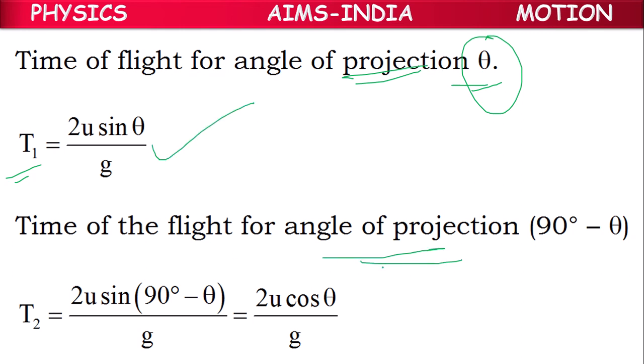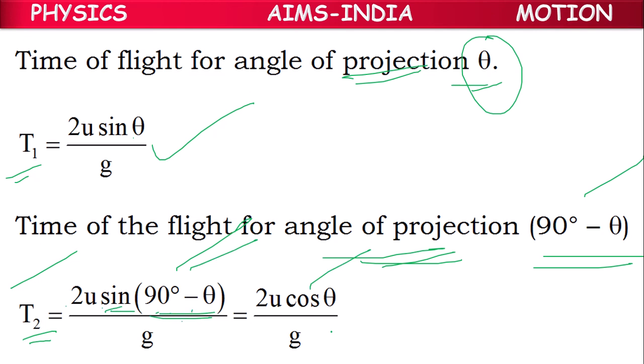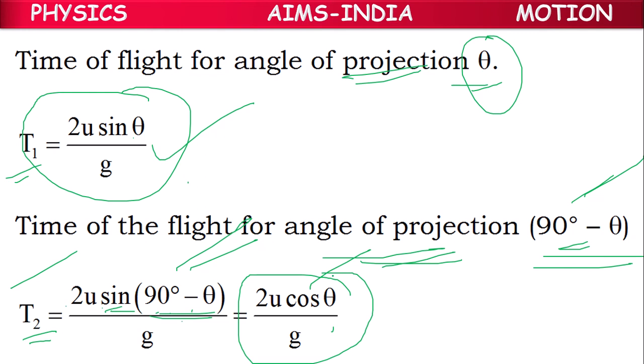But for angle of projection 90 minus theta, let the time of flight be T2. In the place of theta, we have to write 90 minus theta. Sin of 90 minus theta equals cos theta. So when the angle of projection is theta, time of flight is 2u sin theta by g. When the angle of projection is 90 minus theta, time of flight is 2u cos theta by g.